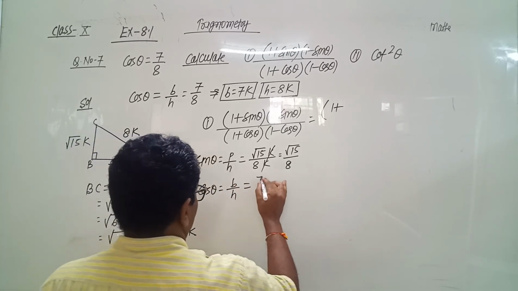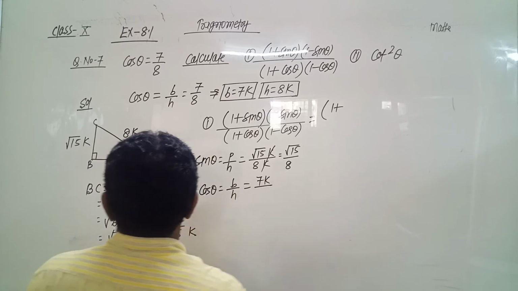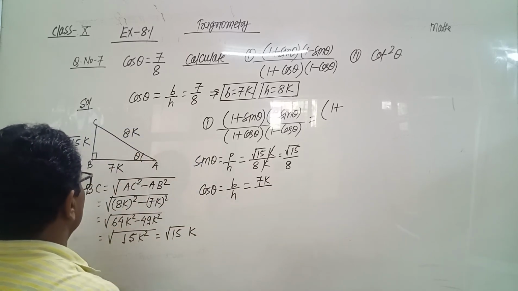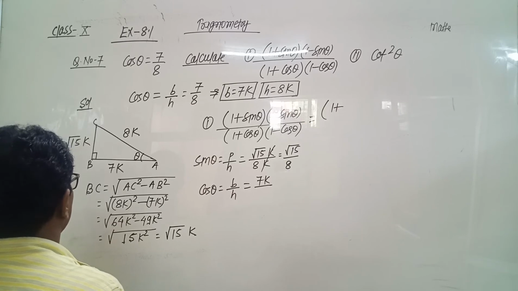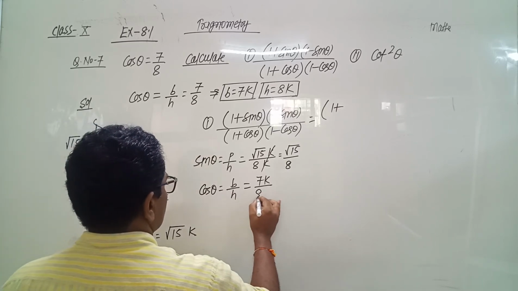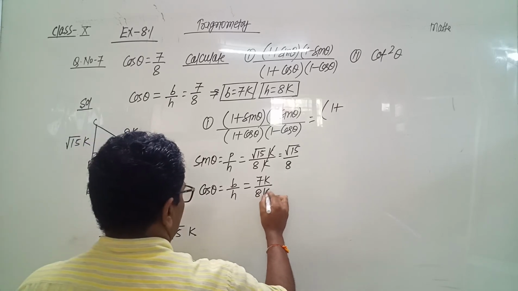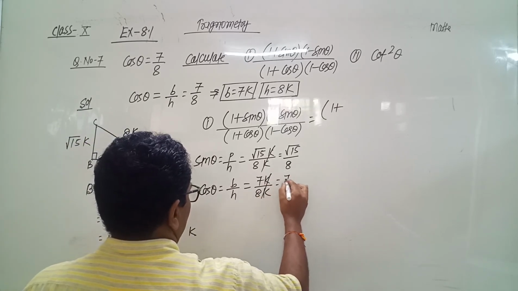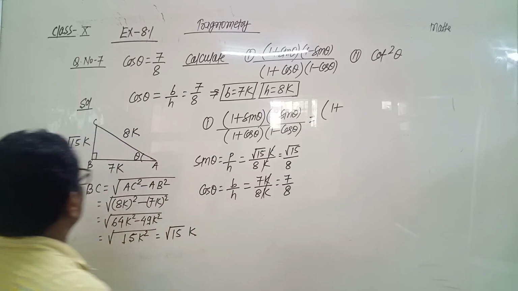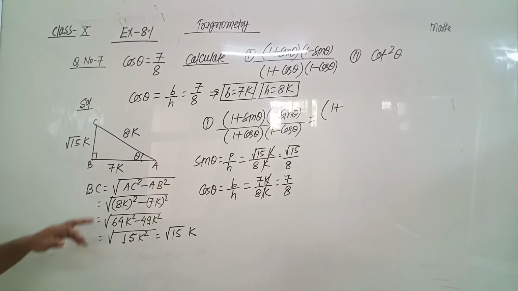Base is 7k and hypotenuse is 8k. So we get 7 by 8. The value of cos theta was already given as 7 by 8.